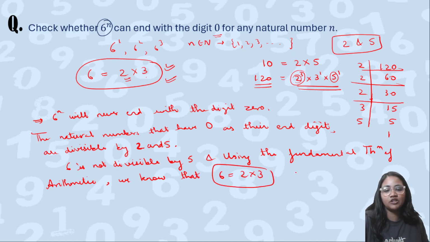This prime factorization is unique, right? So we are never going to get 5 in the prime factorization of 6. So we can say that it will never end with the digit 0. I hope it is clear.